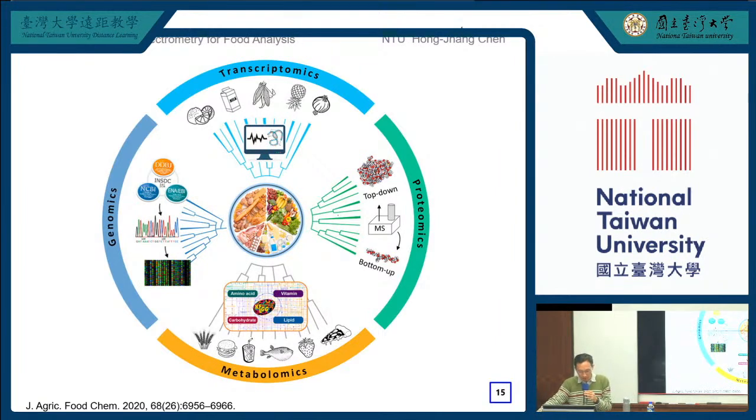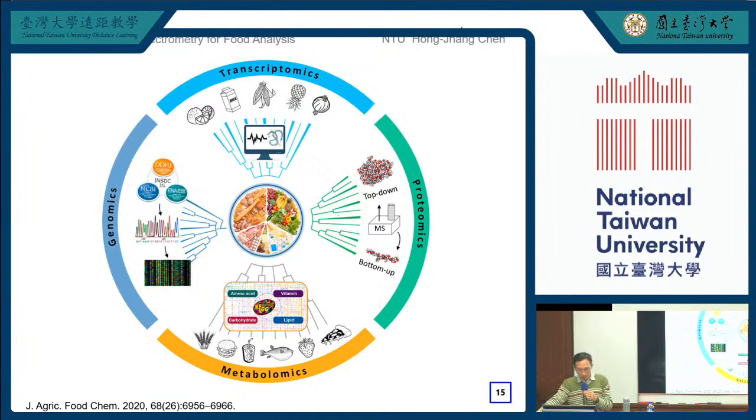So MS-based methods provide the capability to detect various food compositions, including nutrients such as amino acids, fatty acids, and additives such as colorants, aroma, preservatives, and contaminants, of course, the pesticides, pH, and so on.